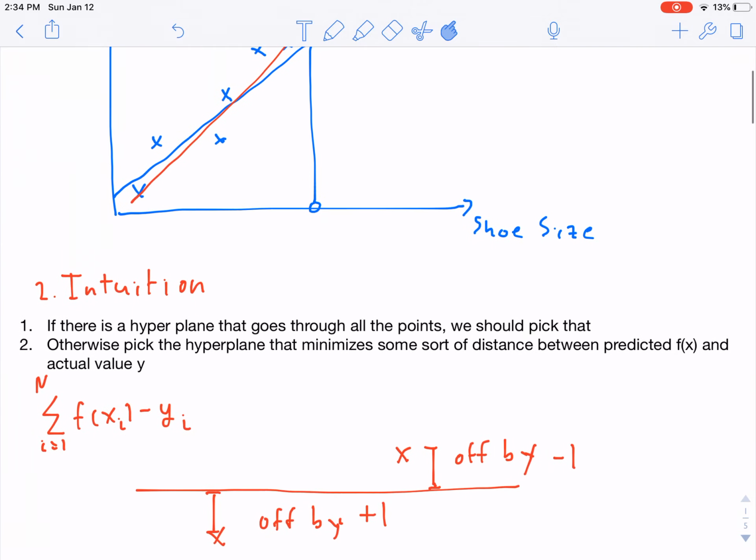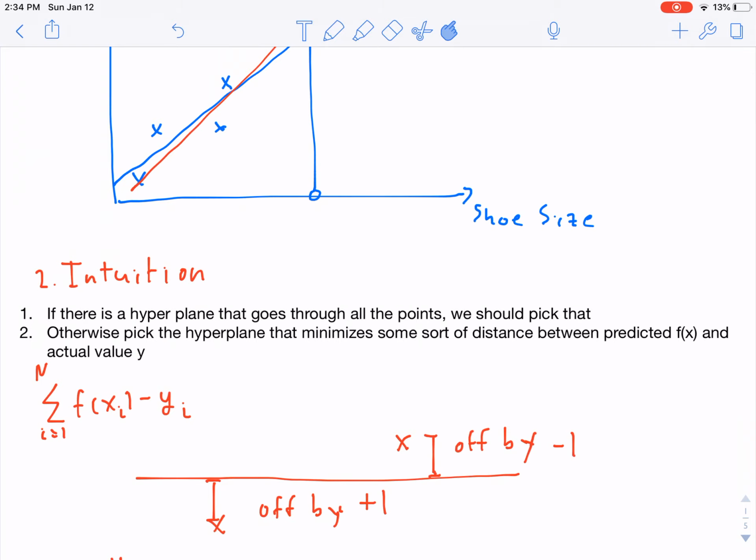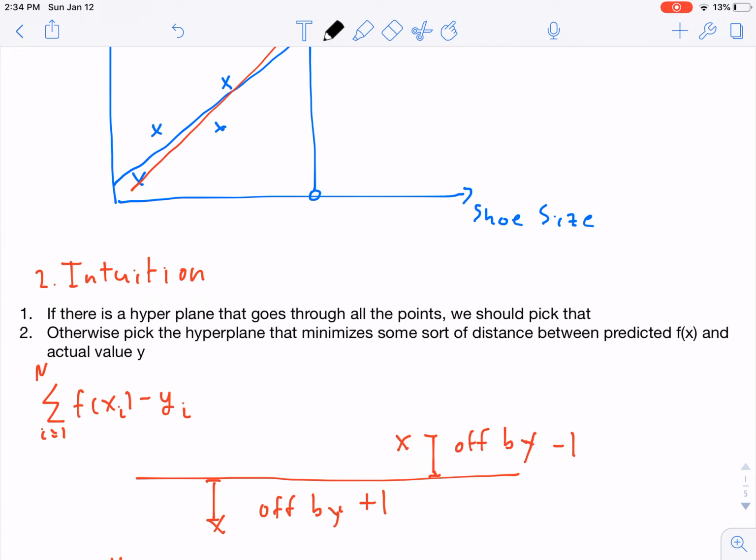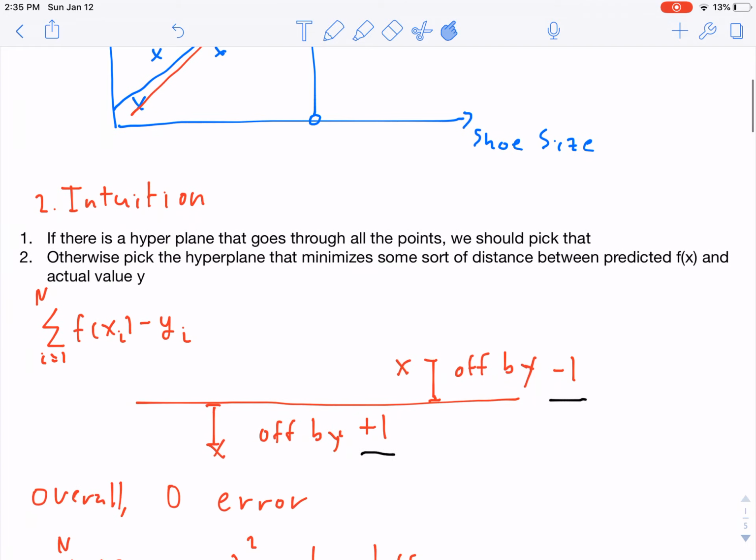Well, this is a little too naive, and we can see in this example below, in the first case, we have these 2 data points x, and on our first data point, we're off by +1, and on the second data point, we're off by -1 if we just draw a line straight down the middle. And so under this naive error, our error is overall 0, which is not exactly what we want.